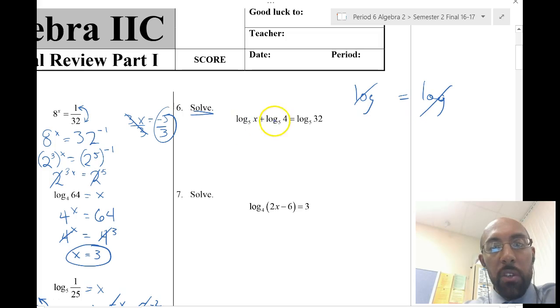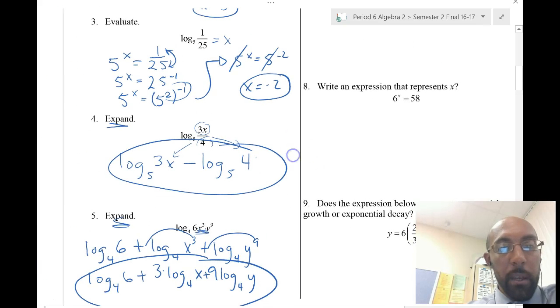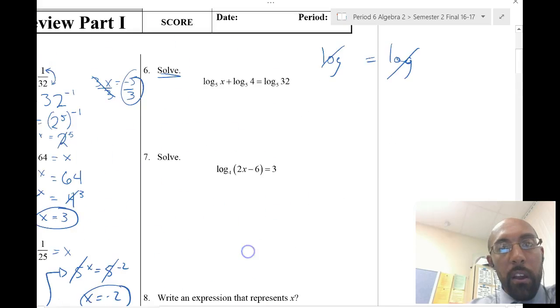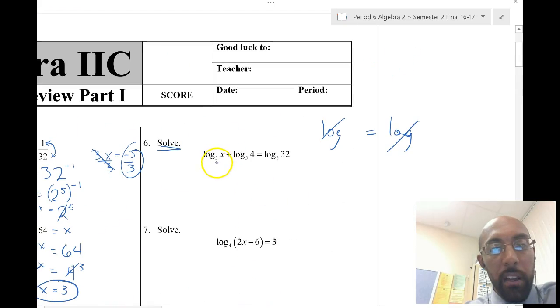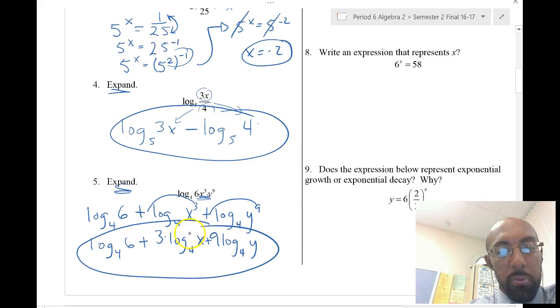But right now I have 2 on the left, so I need to combine these. Whereas in the last couple of problems I was expanding, here I'm going to condense, do the opposite, put these together. Now if you notice in the middle it's plus, and as we saw with the last problem, if there's plus in the middle, then we can condense it with multiplication.